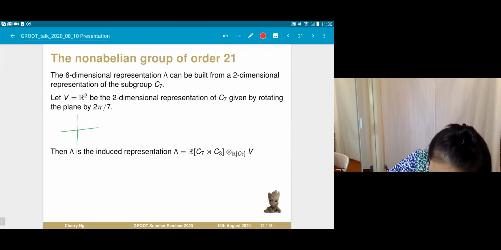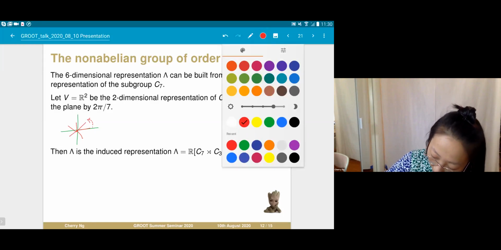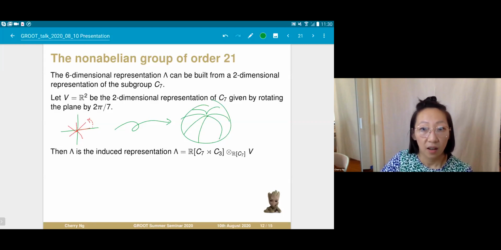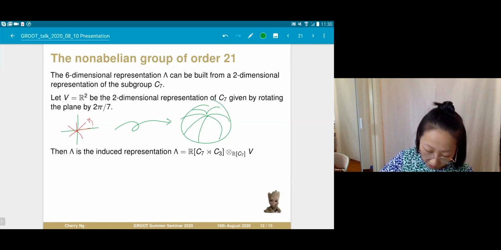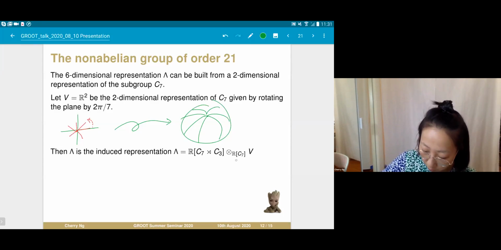So like what we said before, it's rotate by this much, and if you were to compactify, you would get 2, 3, 4, 5, 6, 7. It's not as nice as the last one, the sphere. Then big lambda is the induced representation where you tensor up over the group ring from the group ring of the subgroup to the group ring of the whole group.